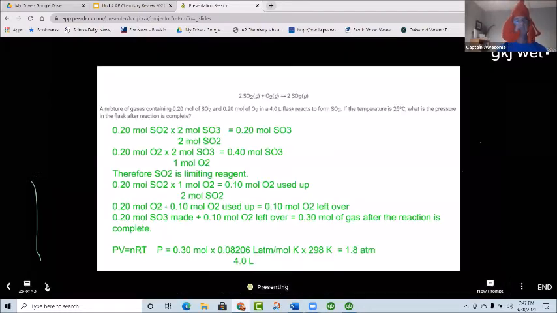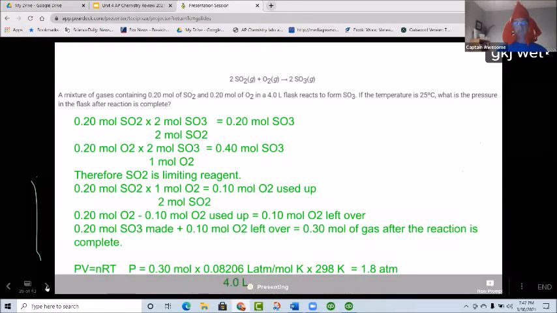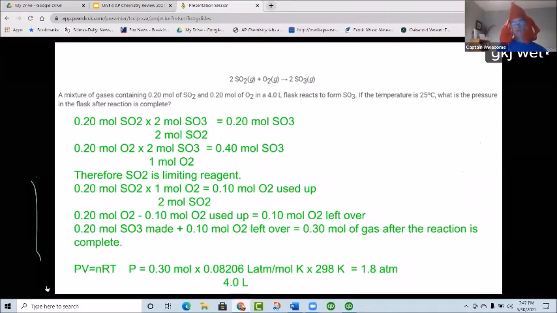So my next step would be, when I use up my moles of SO2, how many moles of O2 go with it? I go from moles of SO2 to moles of O2, again using my balanced equation. And that will give me that I've got 0.1 mole of oxygen used up during the chemical reaction.